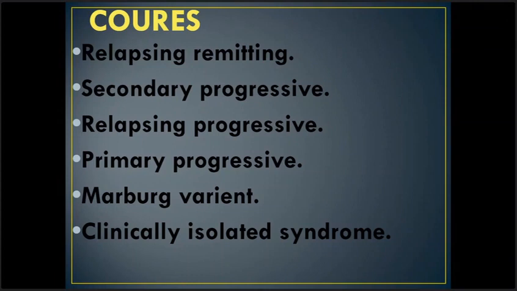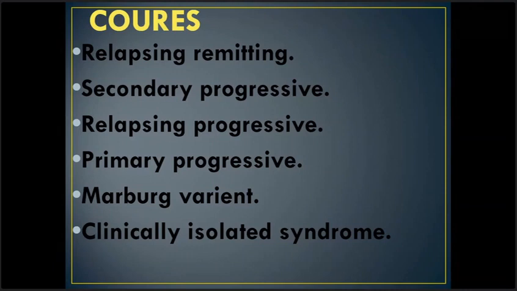We said the treatment should be started as early as possible, but the patient presented with no classical course of multiple sclerosis, so we cannot diagnose multiple sclerosis so far.